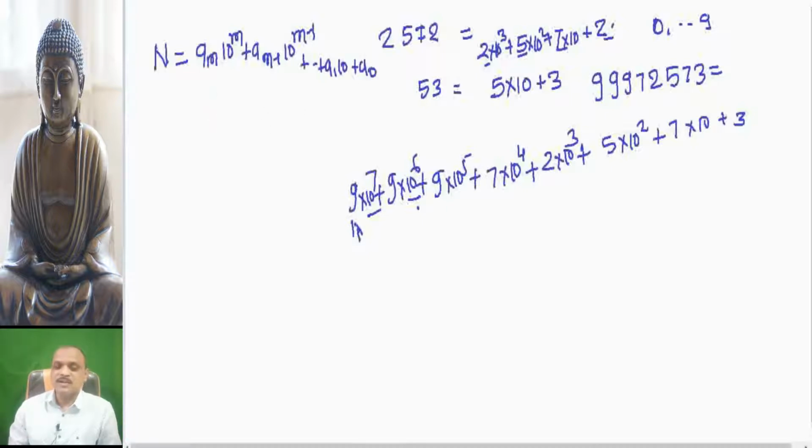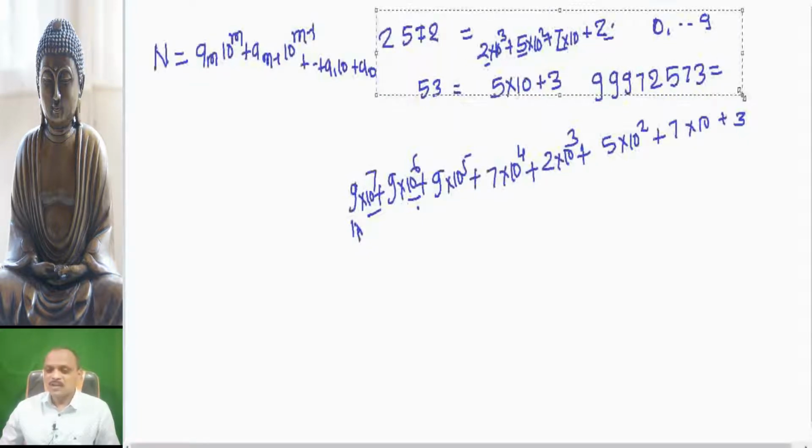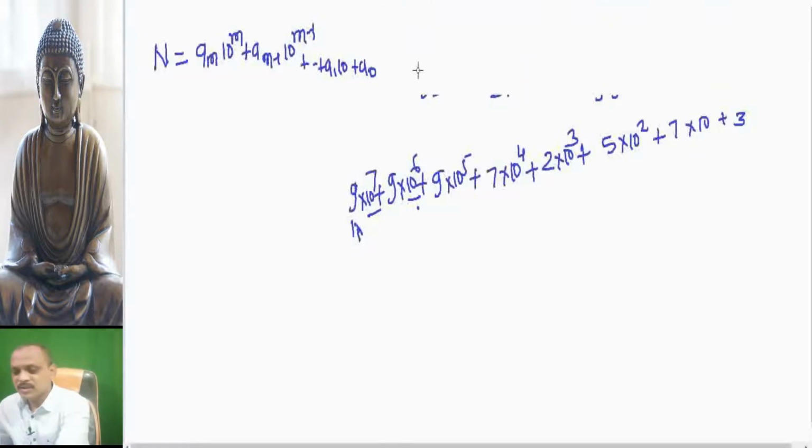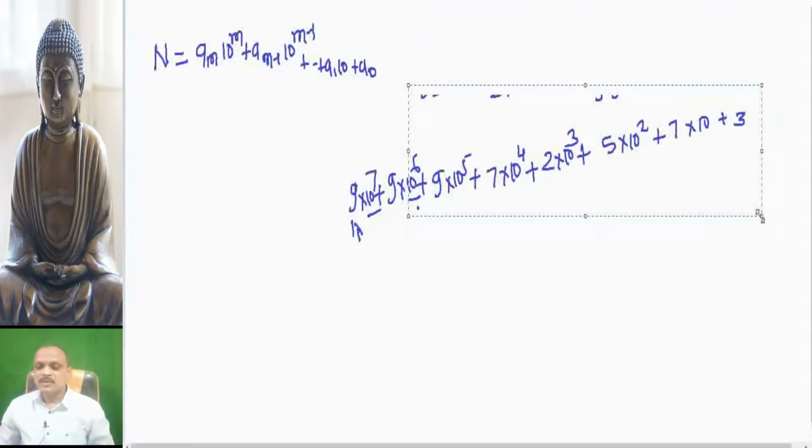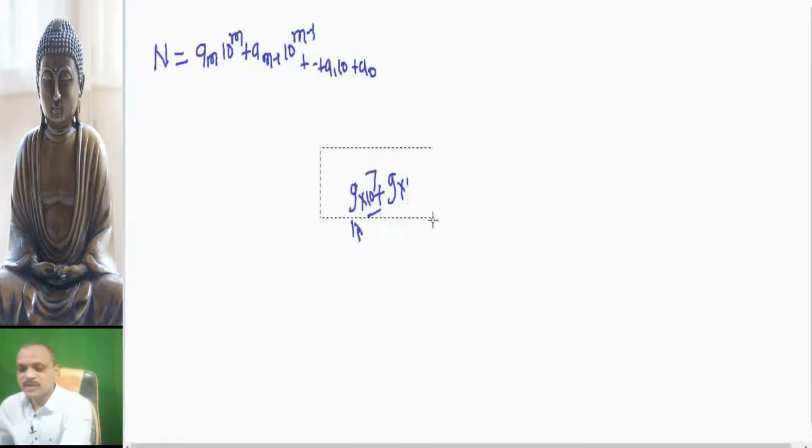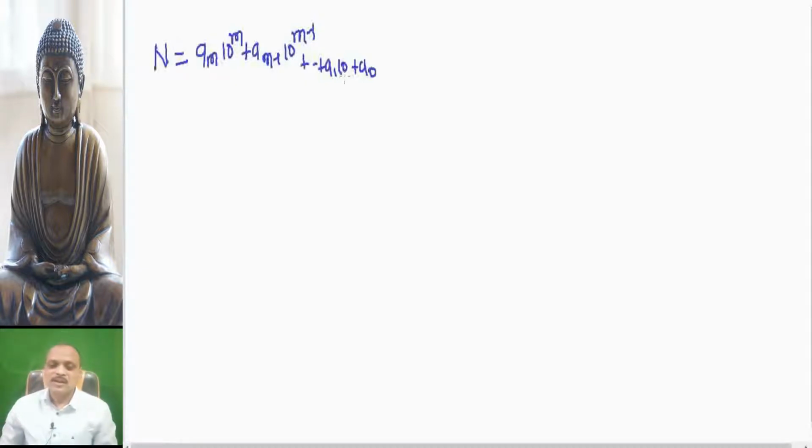This is the polynomial expression of the number, where the coefficients a0, a1, a2 and a_m vary from 0 to 9, that is, 0 less than or equal to a_k less than or equal to 9, for k equal to 0 to m.